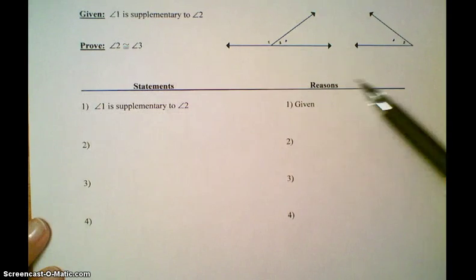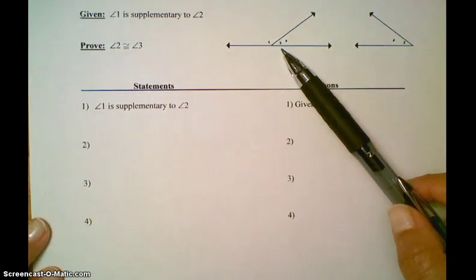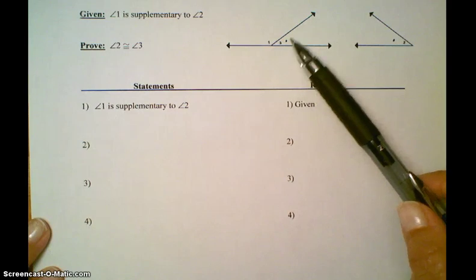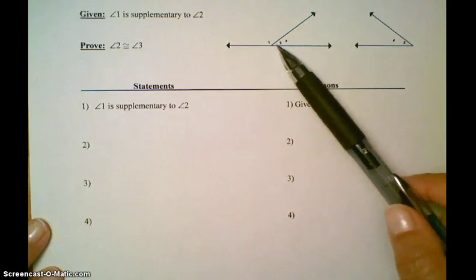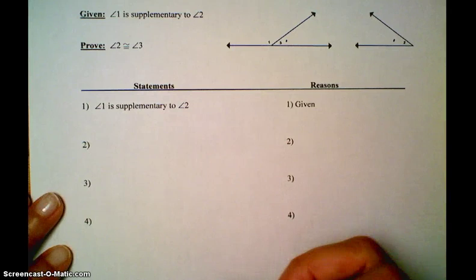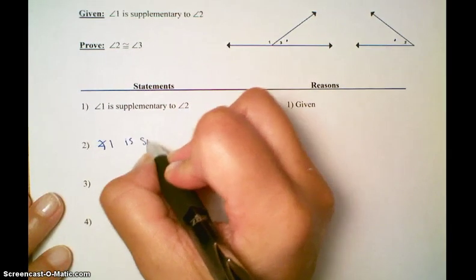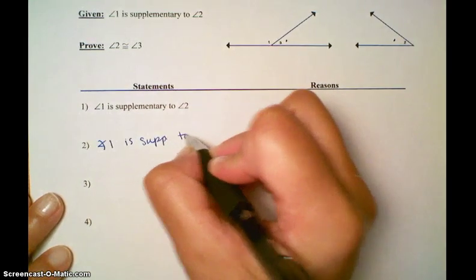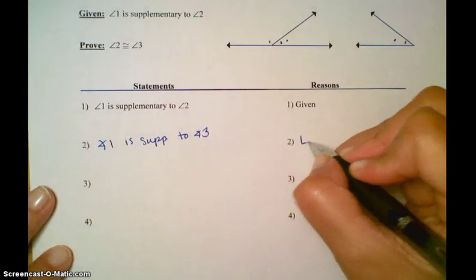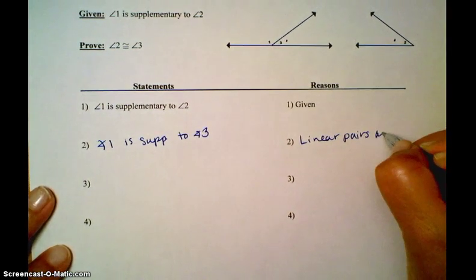So I look at my picture and I look at where angle 3 is and I ask myself, well, what can I say about angle 3? Well, it's right here next to angle 1. They're forming a linear pair, and therefore I know that angle 1 is supplementary to angle 3. Reason? Linear pairs are supplementary.